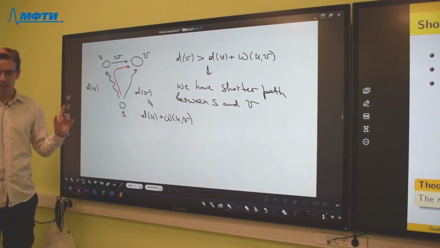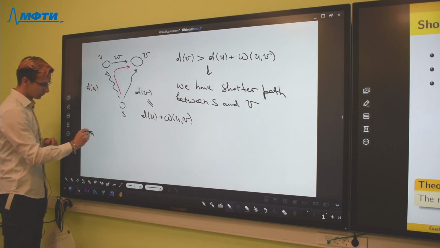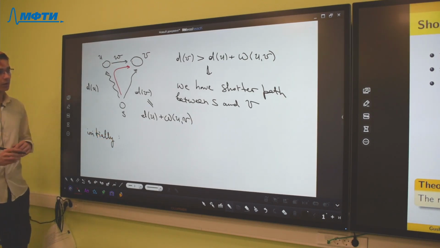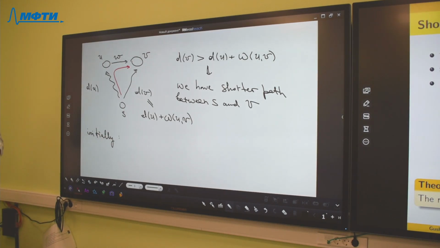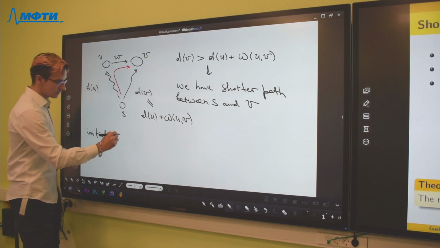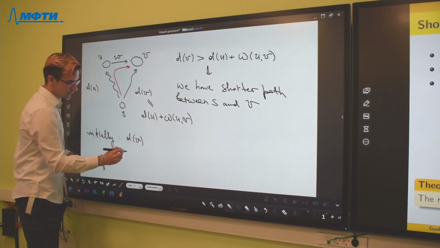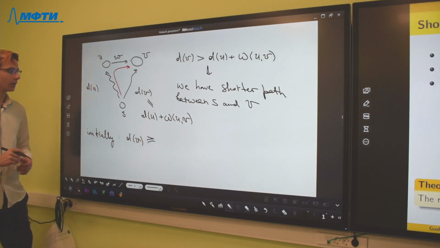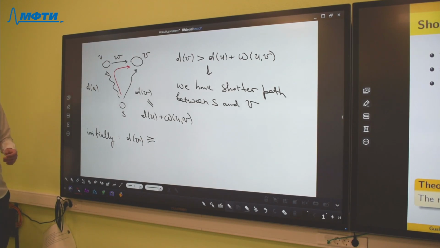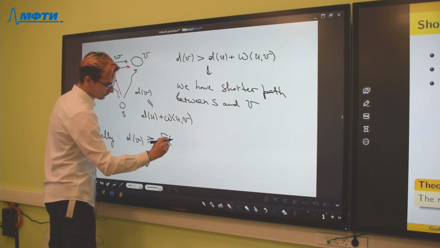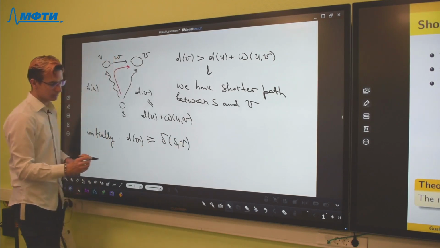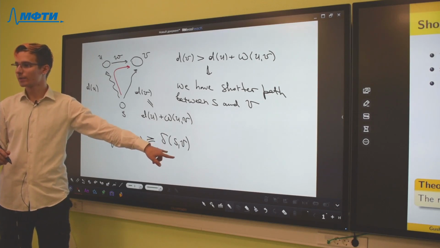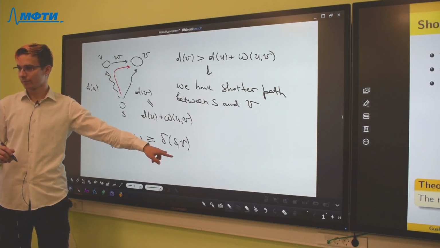And initially, in most of the algorithms that we talk about today, we say that d of V will be bigger or equal than delta from S to V, that is equal to the weight of the shortest path between S and V. Yep.